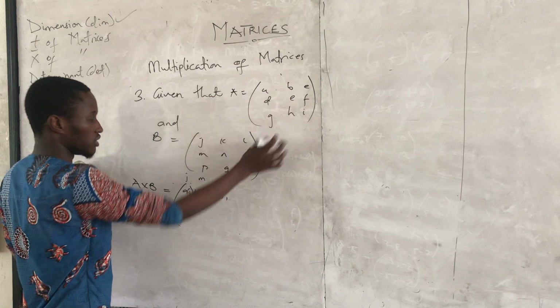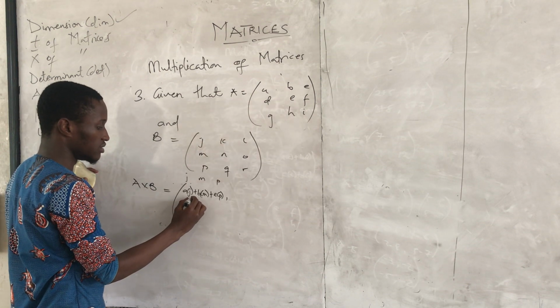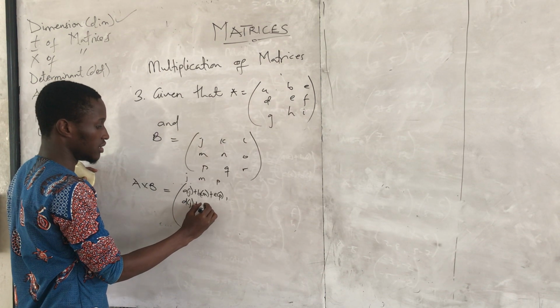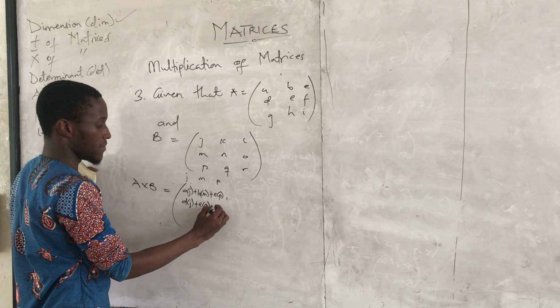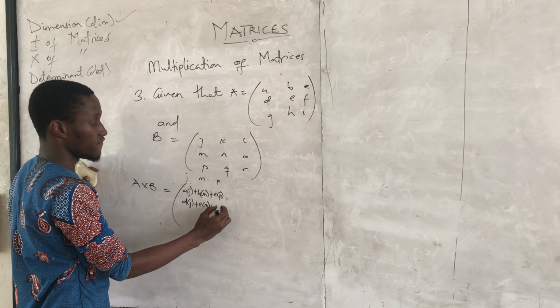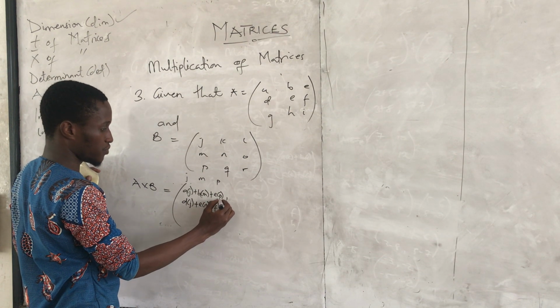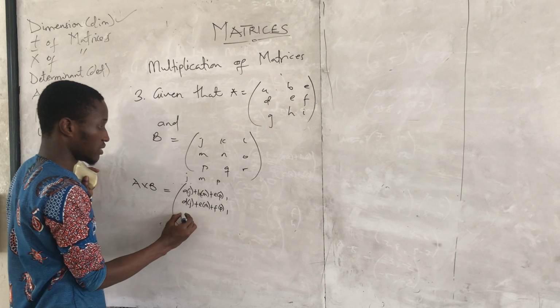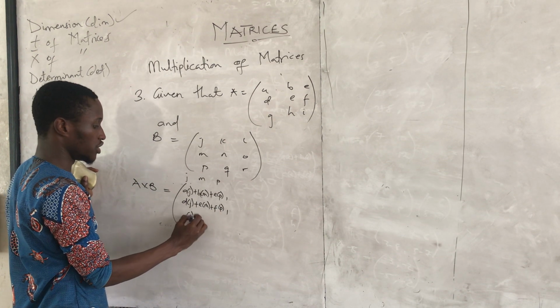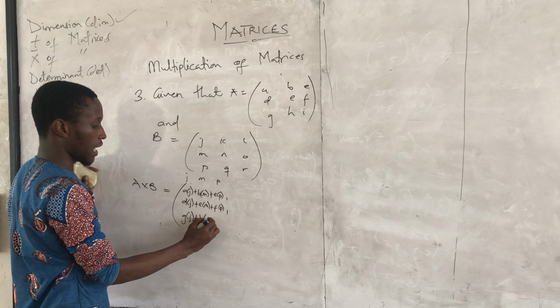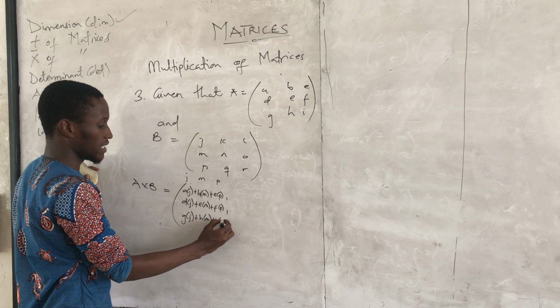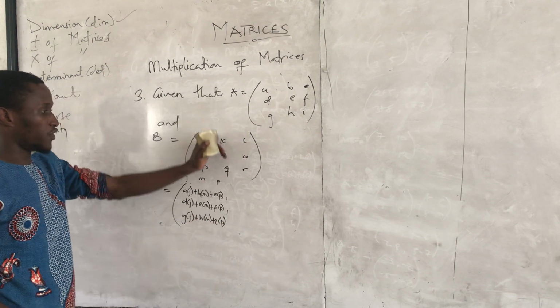So I have to do for the rest. So D times J, E times M, F times P, comma, G times J, H times M, I times P. So I'm done with the first column.